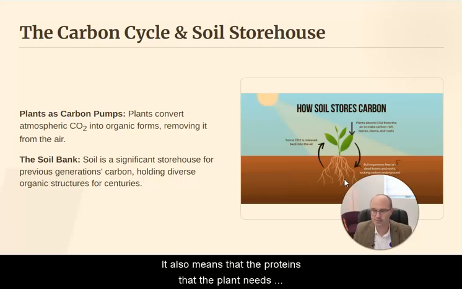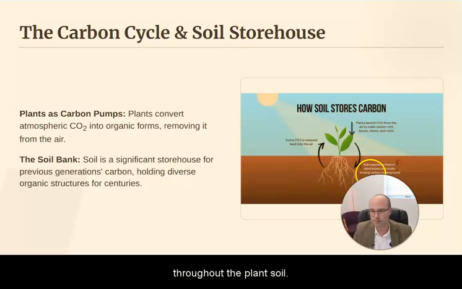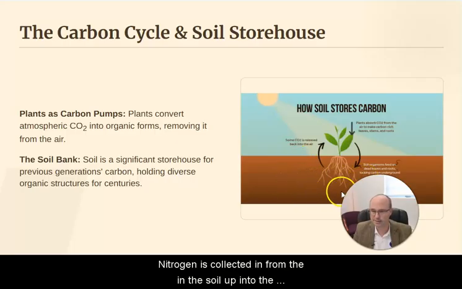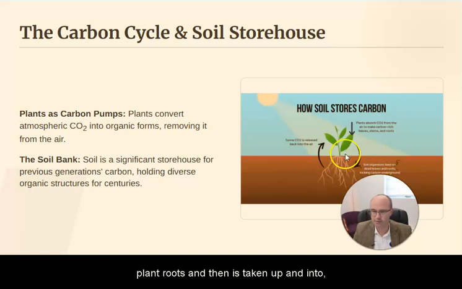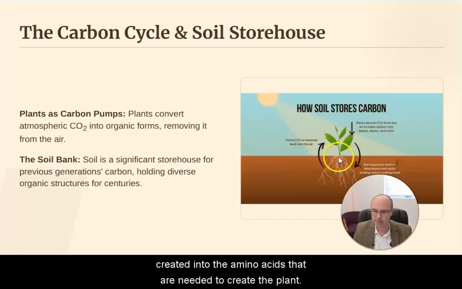It also means that the proteins and fats the plant needs are all part of this process that goes throughout the plant. Soil nitrogen is collected in the soil, taken up into the plant roots, and created into the amino acids that are needed to create the plant.